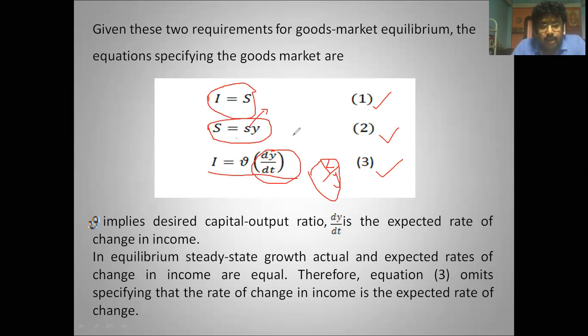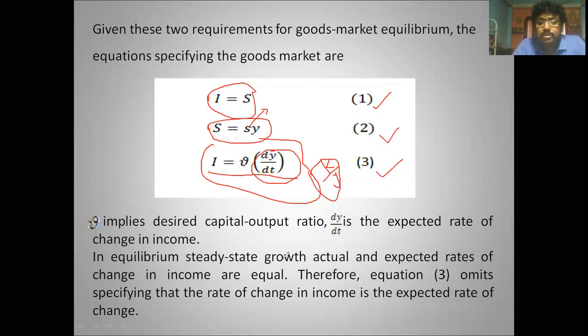The entrepreneurs will invest to make the actual capital stock equal to the desired capital stock. So this is the investment function in the Harrod model, where mu is the capital output ratio.